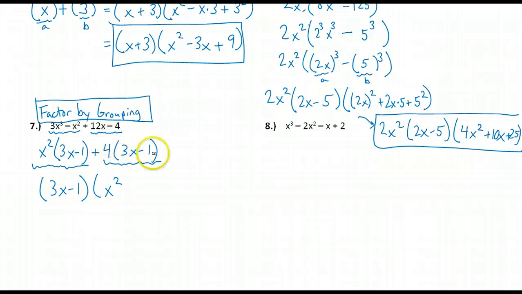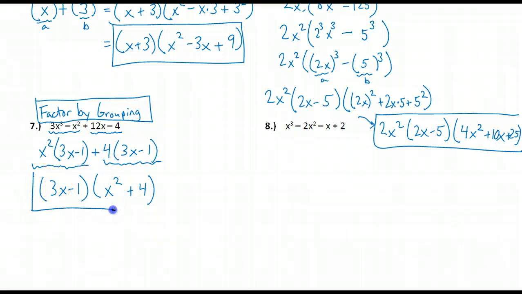And if I factor a 3x minus 1 out of this group, I'm left with 4. If you think about it, if I take this term and I distribute this whole term to x squared, I get this. And if I take this whole term and distribute it to this 4, I get this. So these two are equivalent.